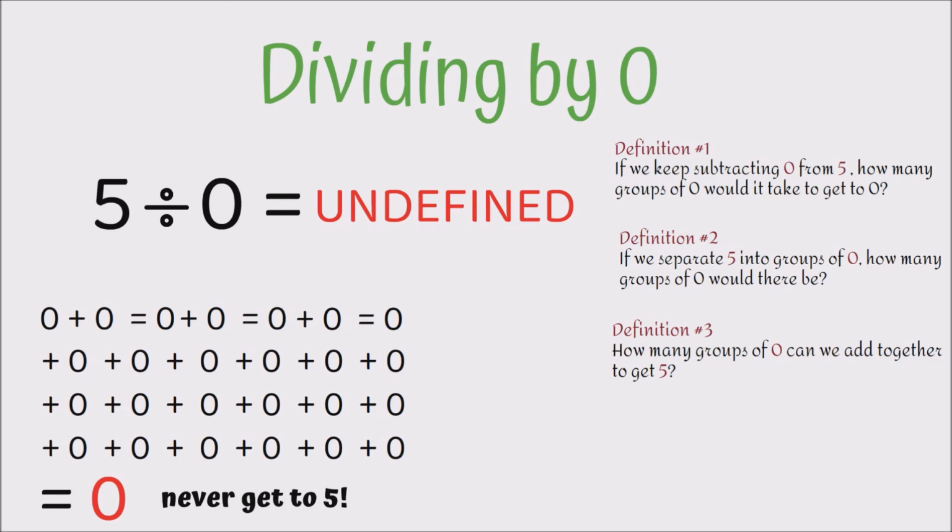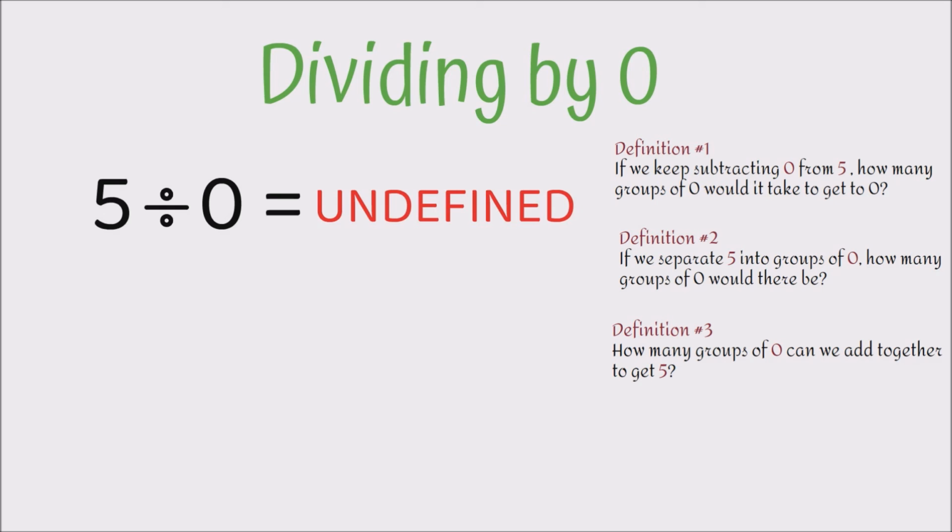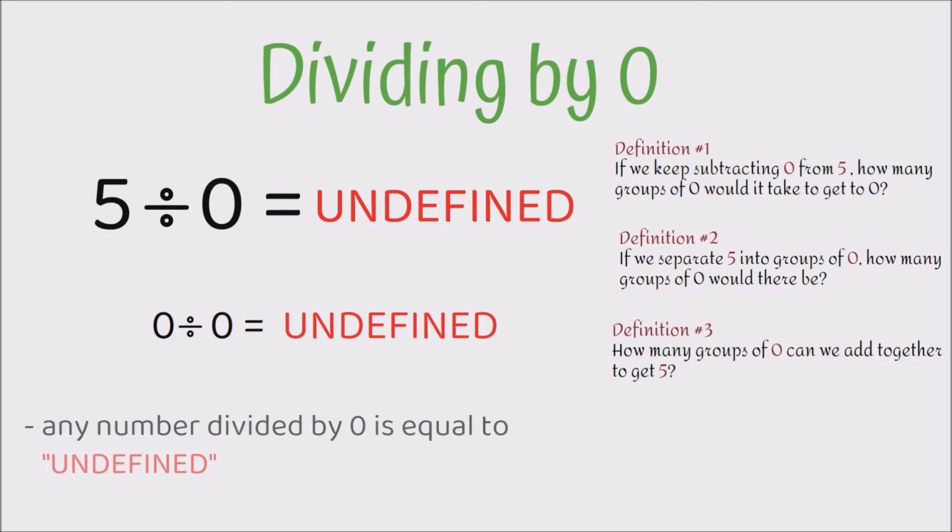It's actually not possible to get an actual number. So the answer is that there is no answer. Even 0 divided by 0 cannot work. So remember that dividing any number by 0 makes no sense.